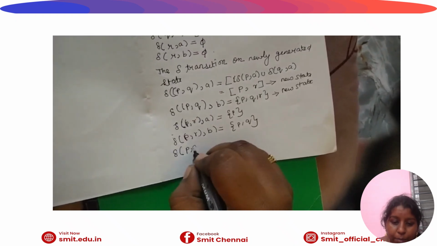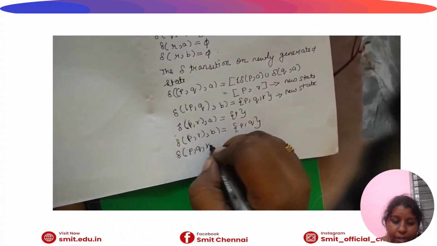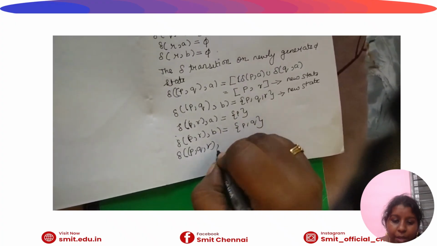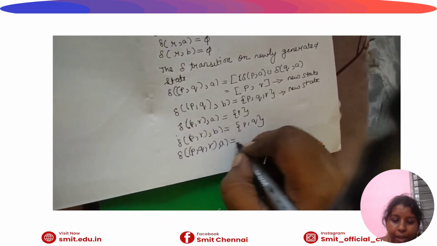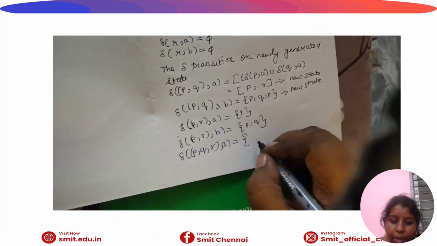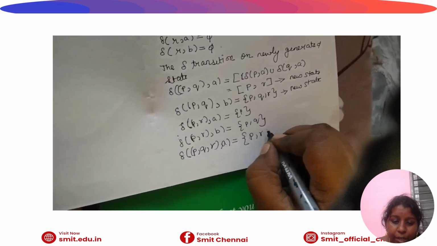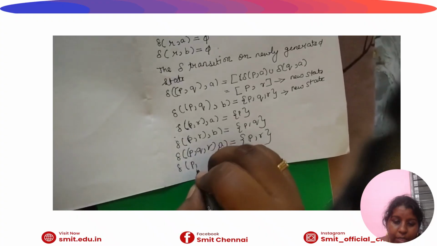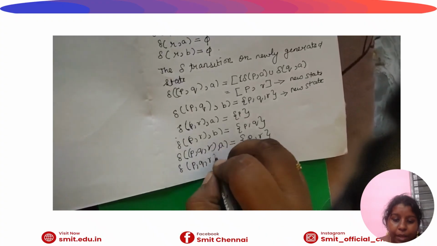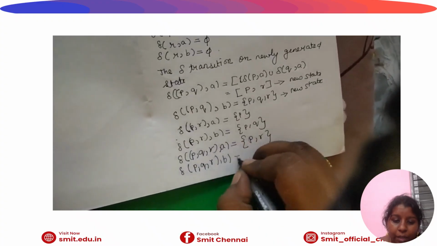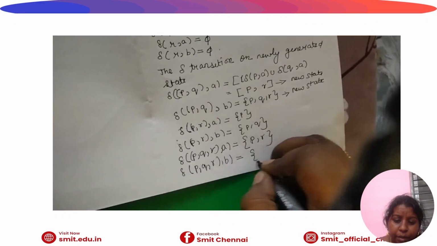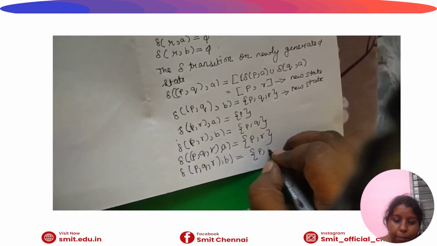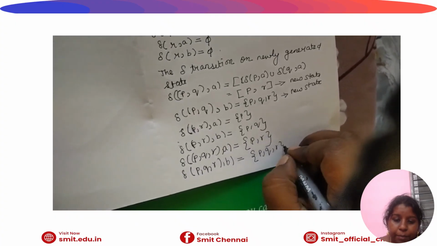Next, we are taking the new state P, Q, R, A. As given earlier, we'll write P, R. Next, we are taking sigma P, Q, R, B. We'll write P, Q, R.